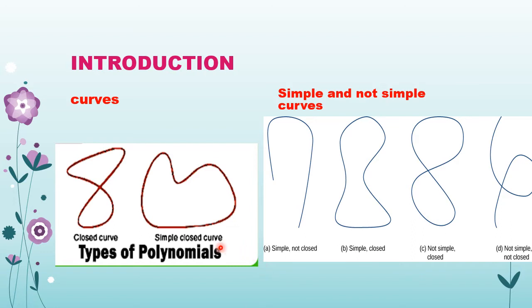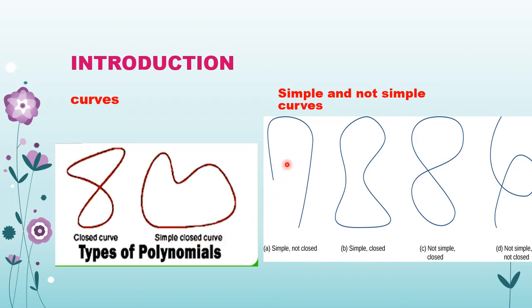Now, one more classification. Is it a closed or an open curve? Here you see that this one is an open curve, but this is a closed curve. Say an insect has been locked inside this loop. If it wants to come out, it will not be able to. That is when you can say it is a simple closed curve.